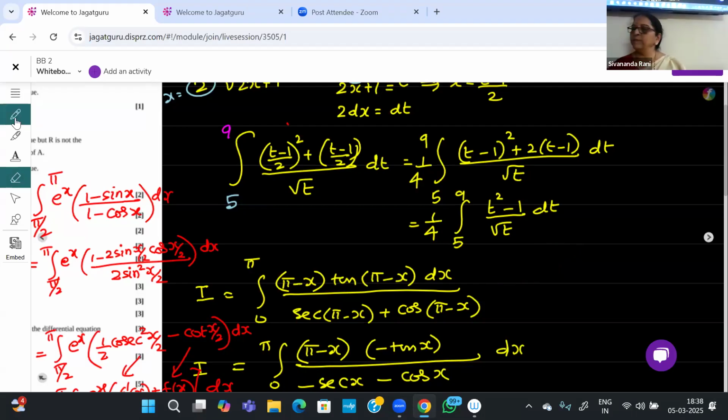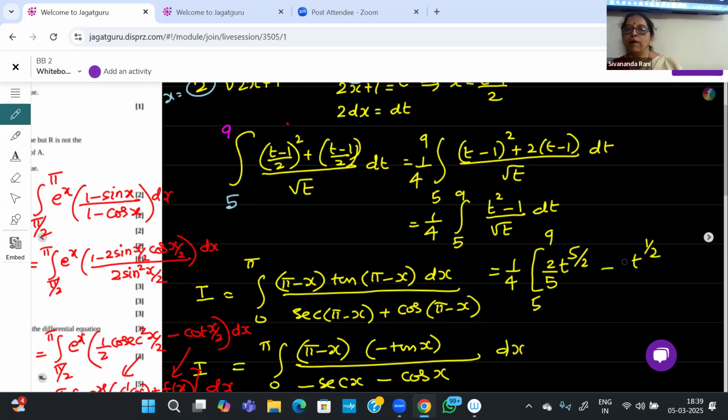Is this what you get? I get t power 3 by 2. So t power 5 by 2 it is. And t power minus 2. So t power half it is.